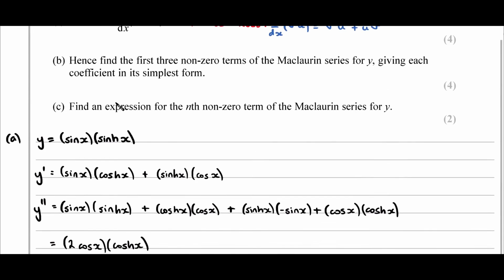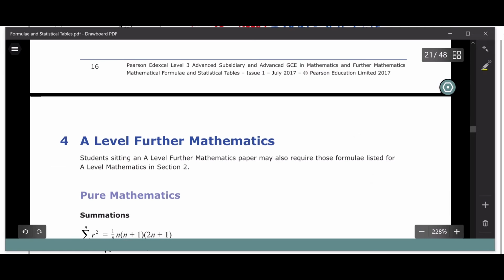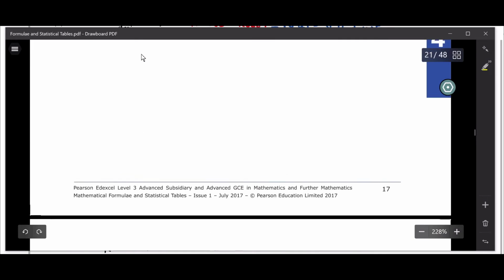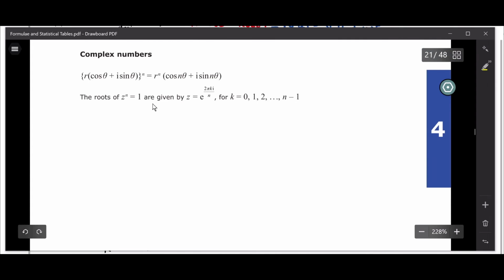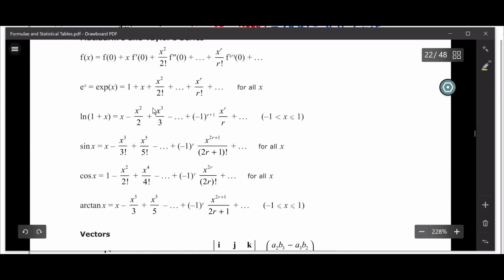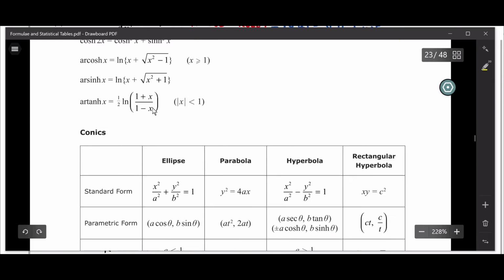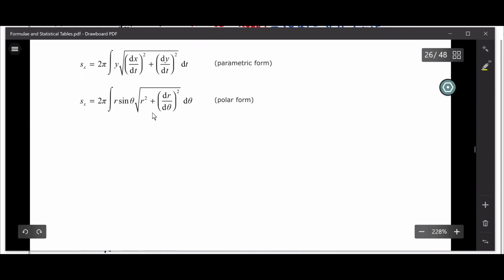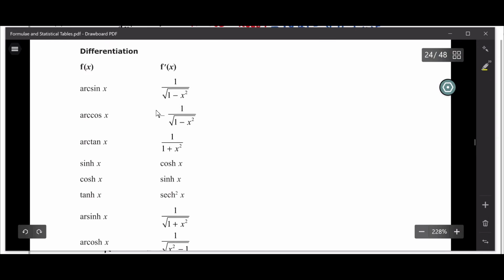And now for part B, hence find the first 3 non-zero terms of the Maclaurin series for y, giving each coefficient in its simplest form. And the formula for the Maclaurin series, if we find that in our formula book somewhere, it's given somewhere. The only problem is I don't exactly know where it's found.